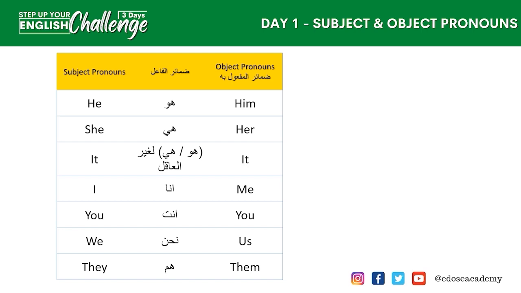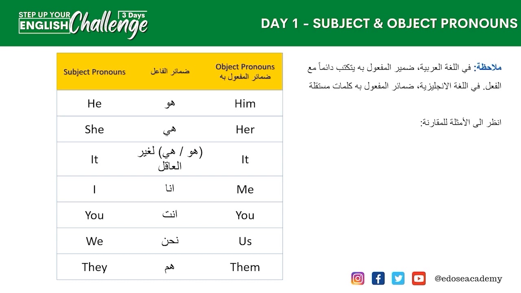Now let's take a look at how object pronouns are used in Arabic. In Arabic, the object pronoun is written with the verb, but in English, the object pronoun is an independent word. Look at the difference. She told him. You see, هي أخبرتها.